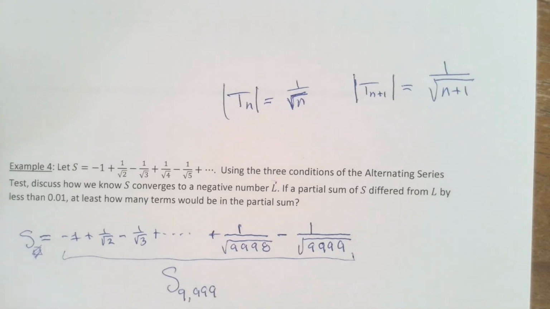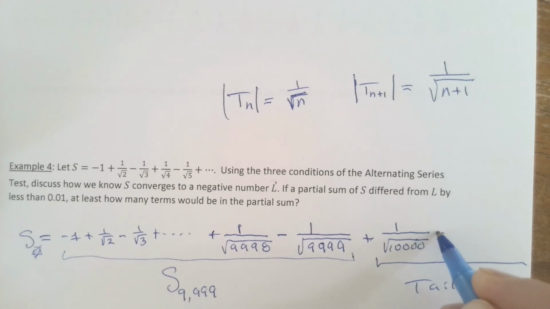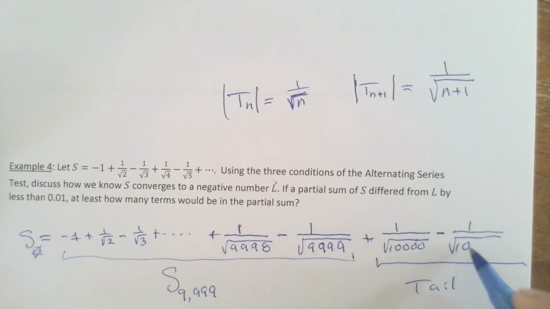Why is that? Well, if you just stop right here, you're computing the 9,999th partial sum, and it has a tail that looks like this. It will go plus 1 over the square root of 10,000. Then it'll go minus 1 over the square root of 10,001. And then back to plus, and so forth.